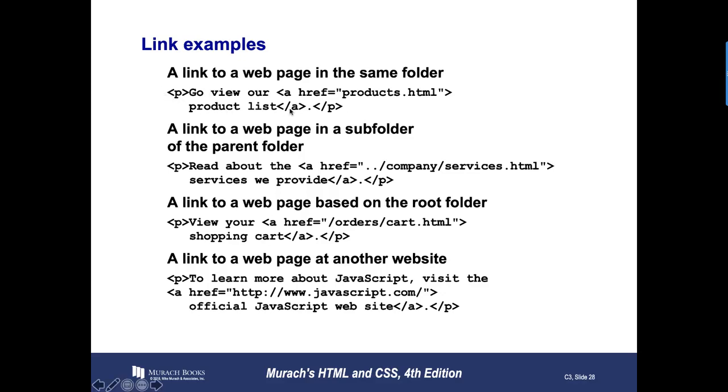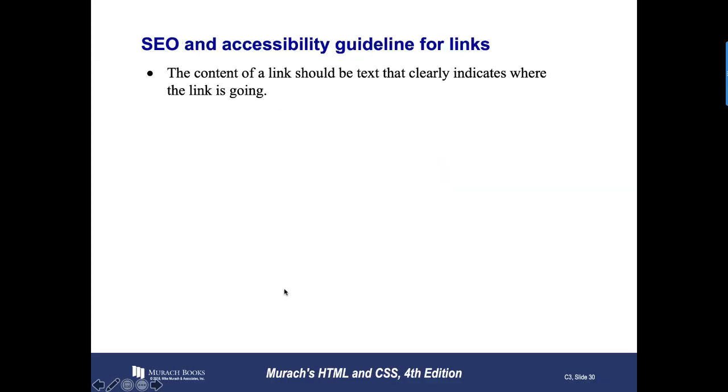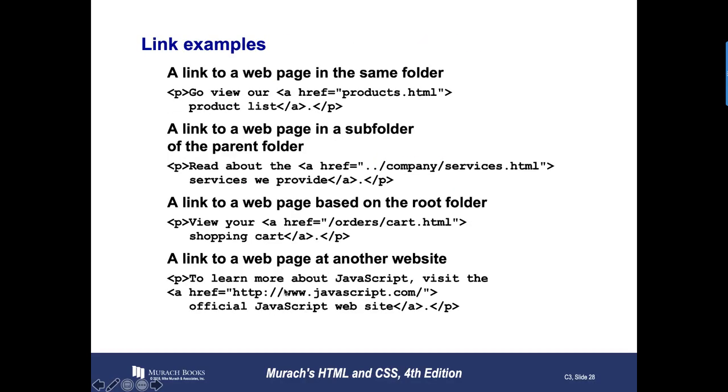Okay. You can see on the next one, it's looking at a subfolder of the parent folder over here. A link to a web page based in the root folder. Notice how you use slashes and double dots. And then a link to a web page at another website. That's when you're going to use the absolute link.